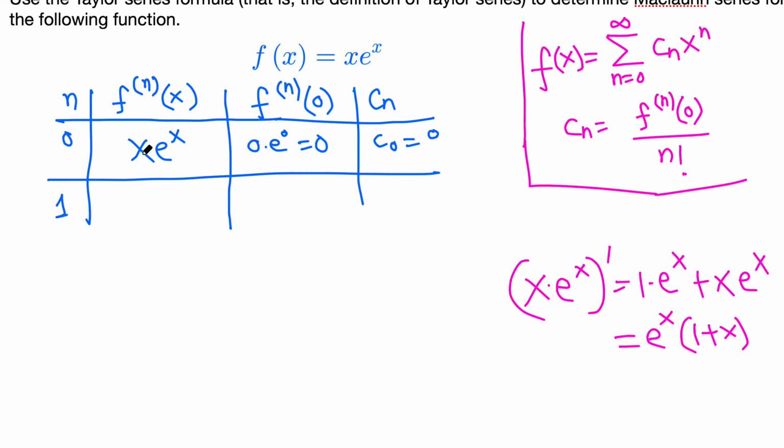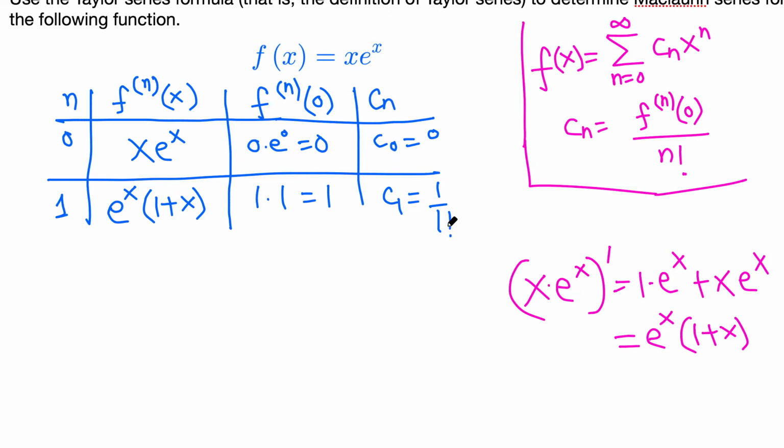This is the first derivative of the given function. Let's evaluate at 0. E to the 0 is 1, 1 plus 0 is 1, so 1 times 1 is 1. Then C1 is that value over n factorial, so C1 is 1 over 1 factorial.